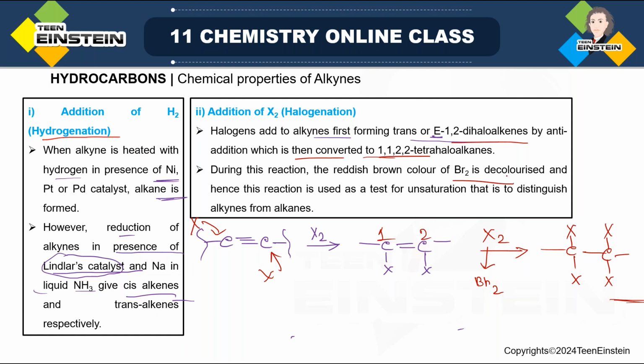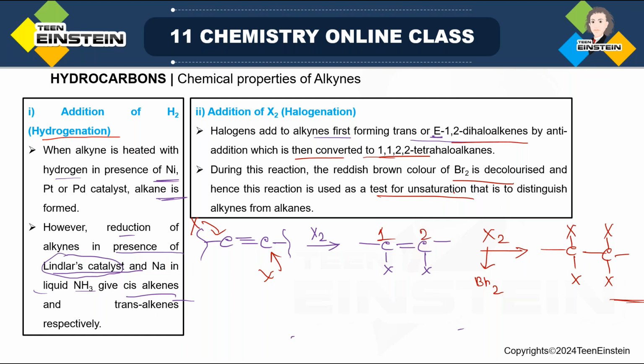There is a unique color bromine has, which is reddish brown. But now as bromine is already added, bromine is no longer present as bromine, and the reddish brown color will be discharged. And it is the proof that the organic molecule has some unsaturation. It may be a triple bond, it may be a double bond. So in this way we can distinguish alkynes and also alkenes from alkanes.